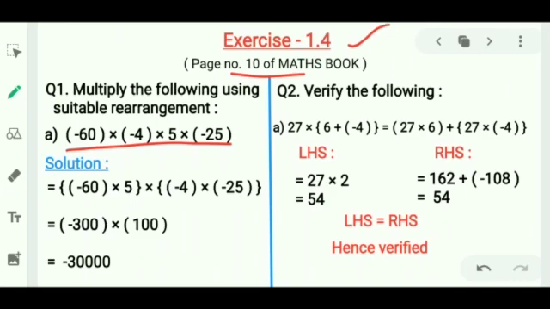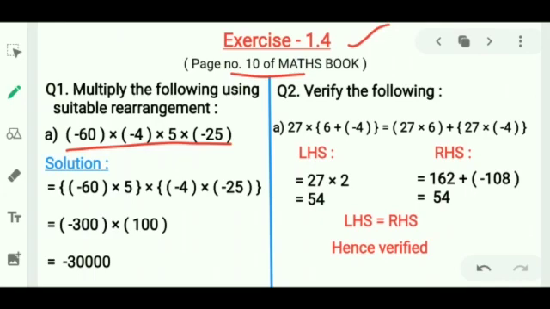Remember students, the associative property of multiplication. What is the associative property of multiplication? If 3 or more integers are there, then we can multiply them by making groups of some integers. Now we take a suitable rearrangement.